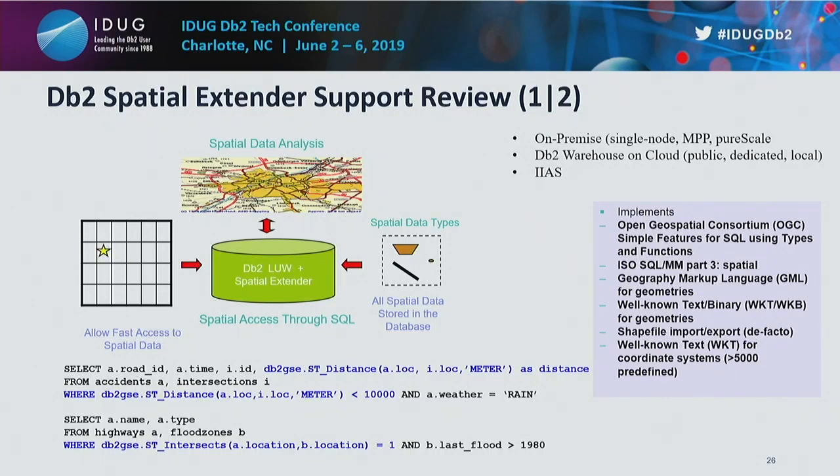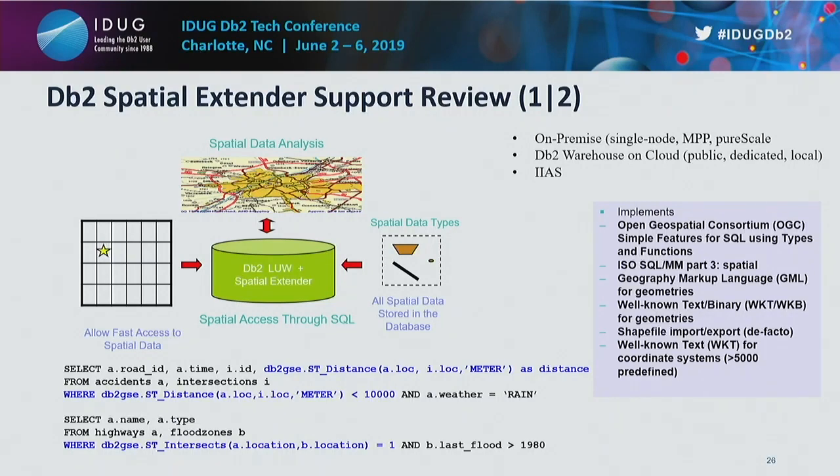With geographic data, there's a variety of types that can be used to represent things like points, lines, polygons, or other complex shapes associated with spatial data.